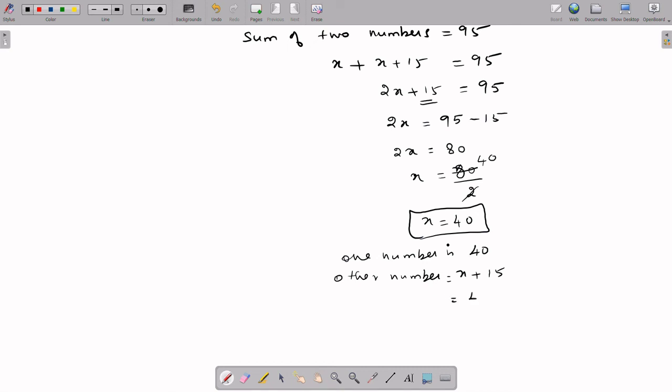So 40 plus 15 is equal to 55. So the other number is 55. Therefore, the required numbers are 40 and 55.